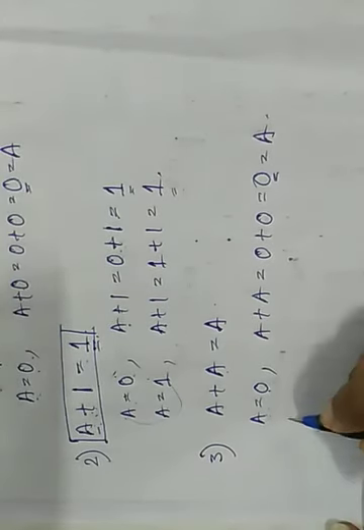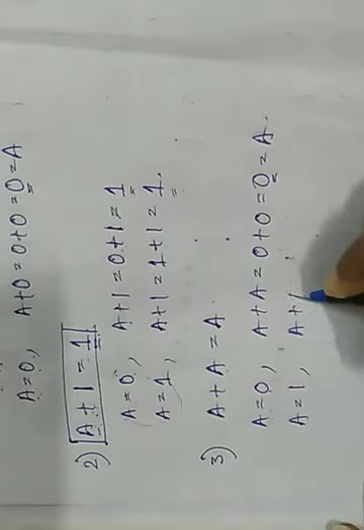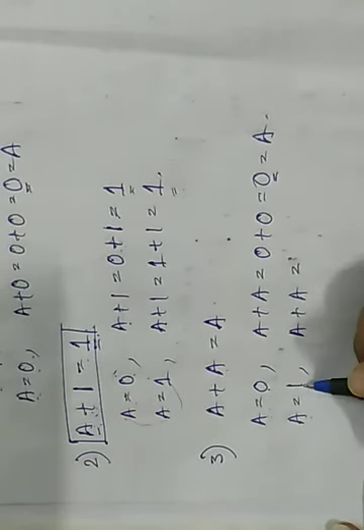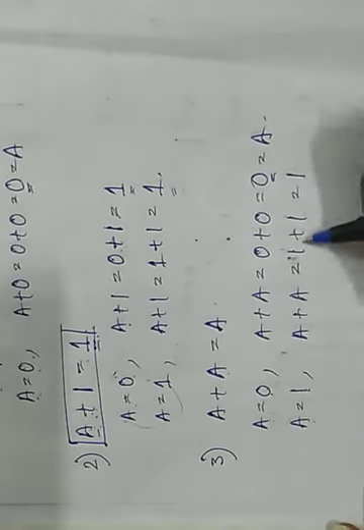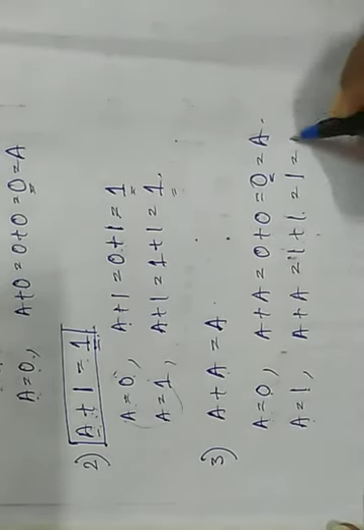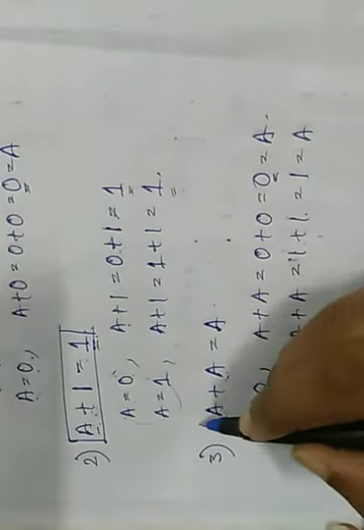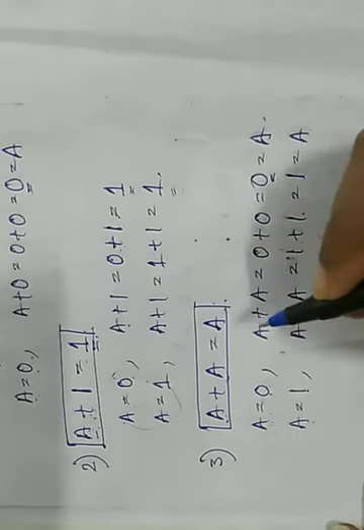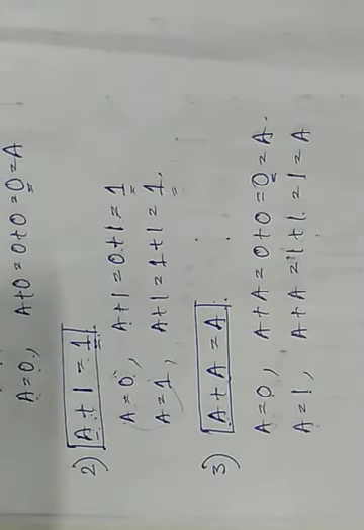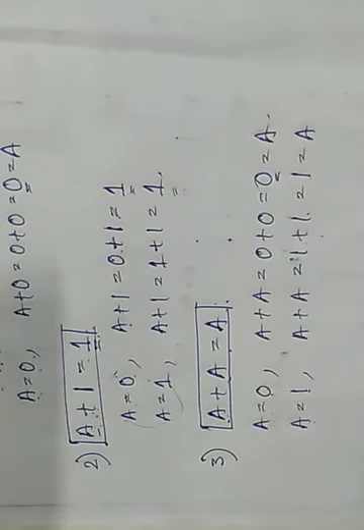If we take a equals 1, a plus a means 1 plus 1, which is 1, so equals a. So the OR operation of two same variables is always equal to that variable. So this is also another identity.